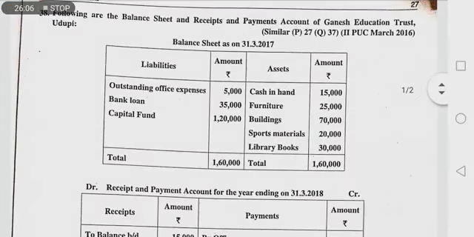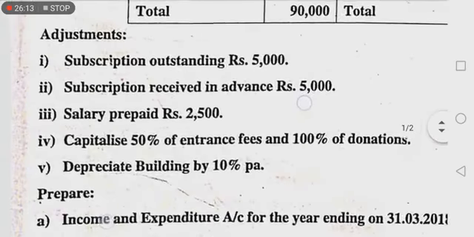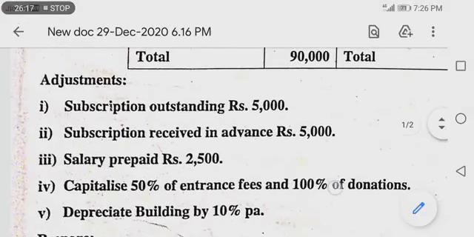And again, in the asset side there is no asset left, but you better check out the adjustment, is there any asset. At first they have given the subscription outstanding rupees 5,000. Subscription is a kind of income. Whenever the income is outstanding, it is treated as accrued income. Accrued income is always considered an asset.